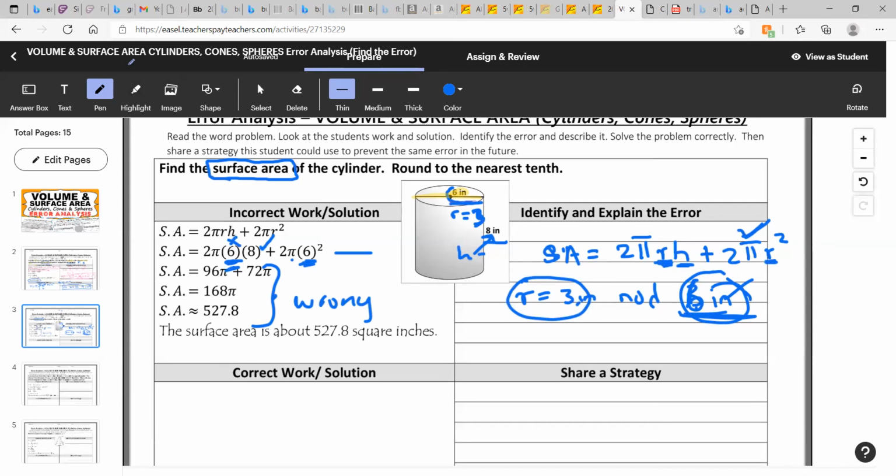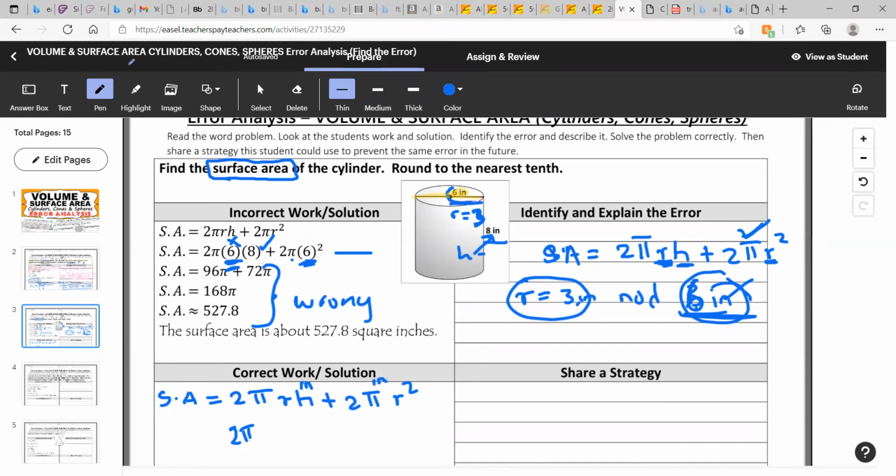So let's try to solve it right. The surface area of a cylinder is 2 pi radius height plus 2 pi radius square. We know the radius is 3 inches. The unit on this side is inch and the other side is inch.